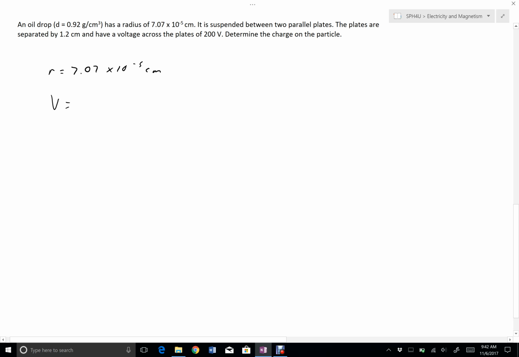So the volume is 4/3 pi r cubed, and if I put all that in, 4 times 3.14 times, I get a volume of 1.48 times 10 to the negative 12 centimeters cubed.